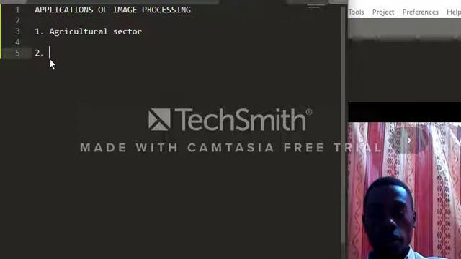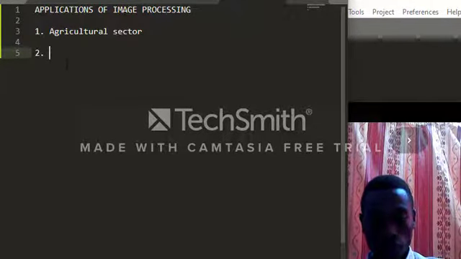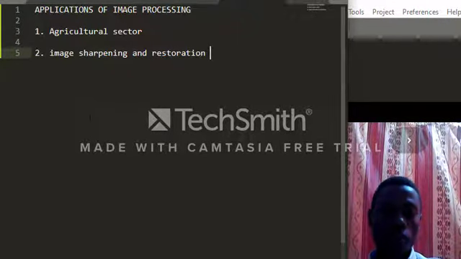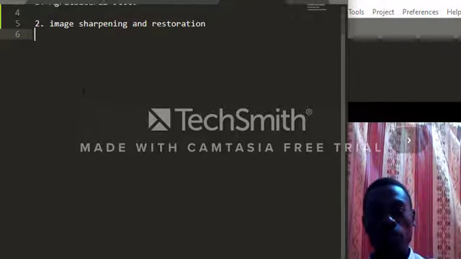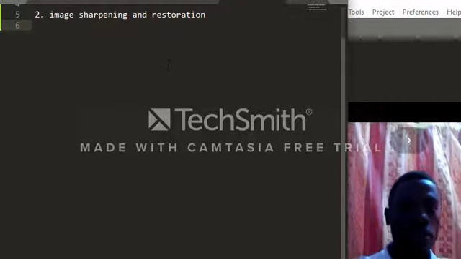The second one is that image processing can be used in image sharpening and restoration. So this is the second application of image processing, and let's see what image sharpening and restoration means.